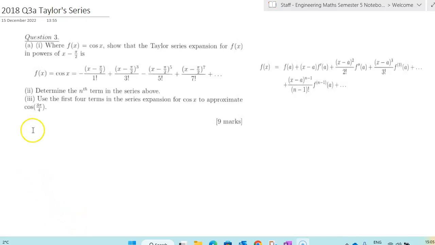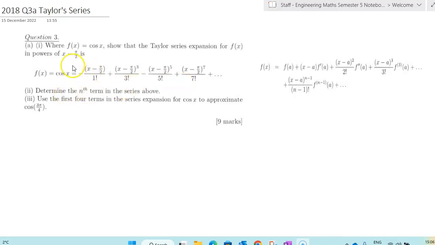The question states, where f of x equals cos x, show that the Taylor series expansion for f of x in powers of x minus pi over 2 is f of x equals cos x, which is equal to minus x minus pi over 2 over 1 factorial, plus x minus pi over 2 cubed over 3 factorial, minus x minus pi over 2 to the power 5 over 5 factorial, plus x minus pi over 2 to the power of 7 over 7 factorial, plus dot dot dot.